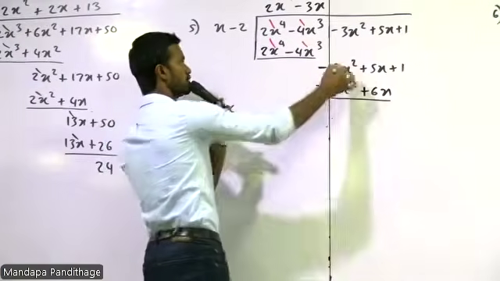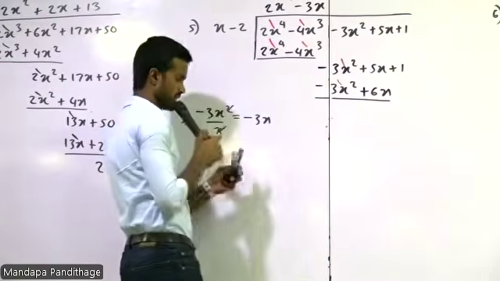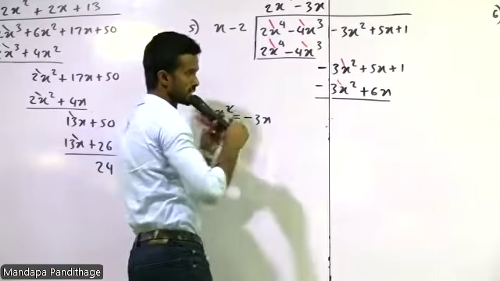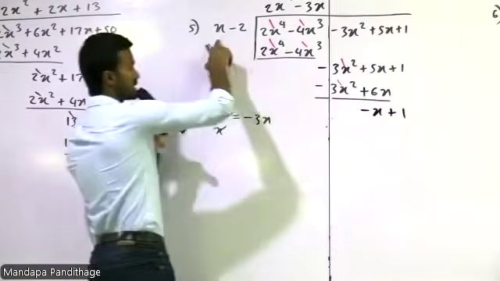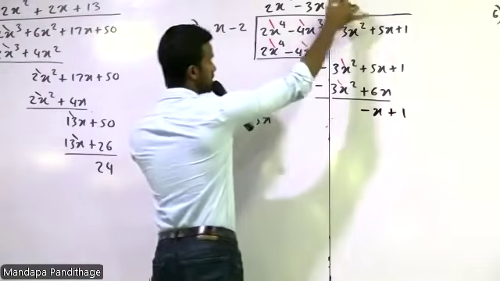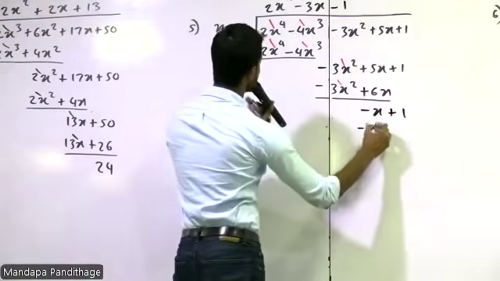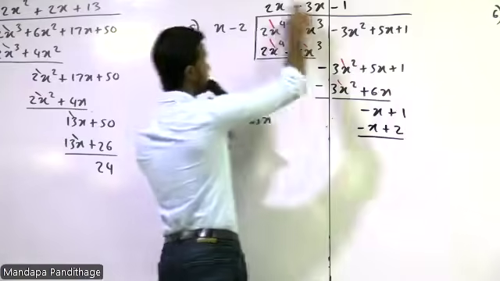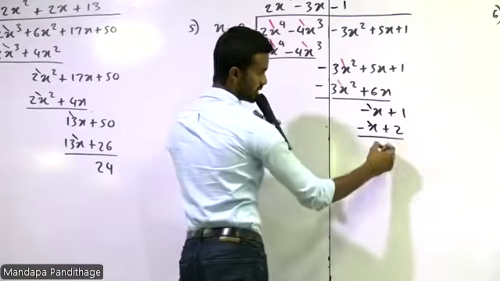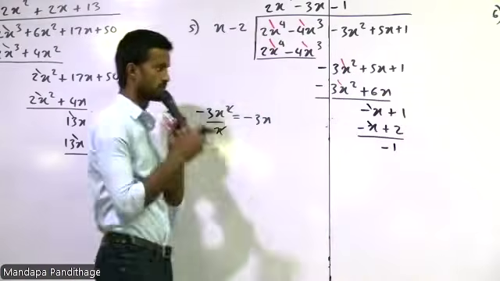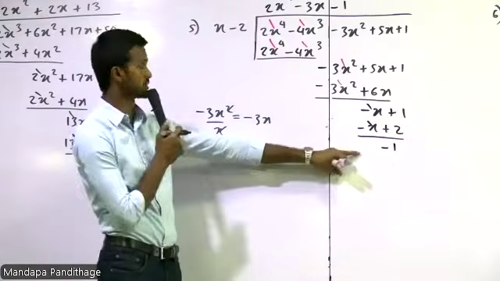These two cancel off. 5x minus 6x is minus x. Plus 1 comes down. Minus x divided by x is minus 1. When you multiply, it's minus x plus 2. Minus 1 into minus 2 is plus 2. So these two cancel off. 1 minus 2 is minus 1. Okay, hands up who got the remainder of minus 1 to question number 5.